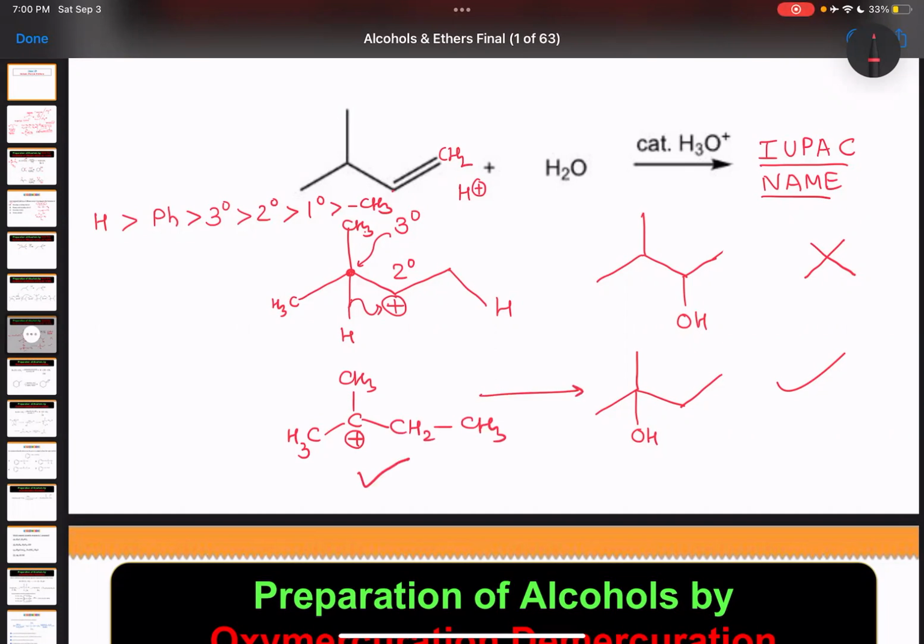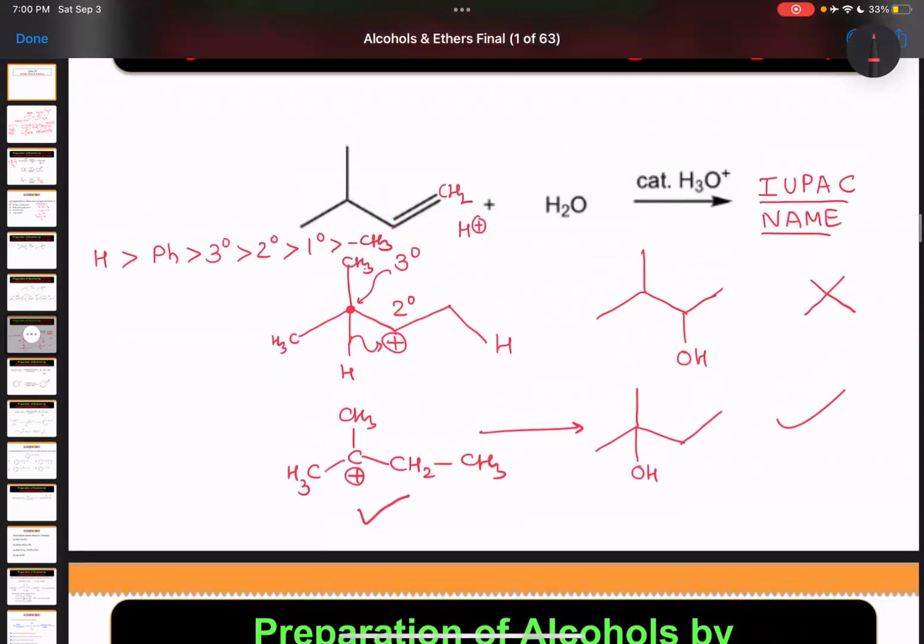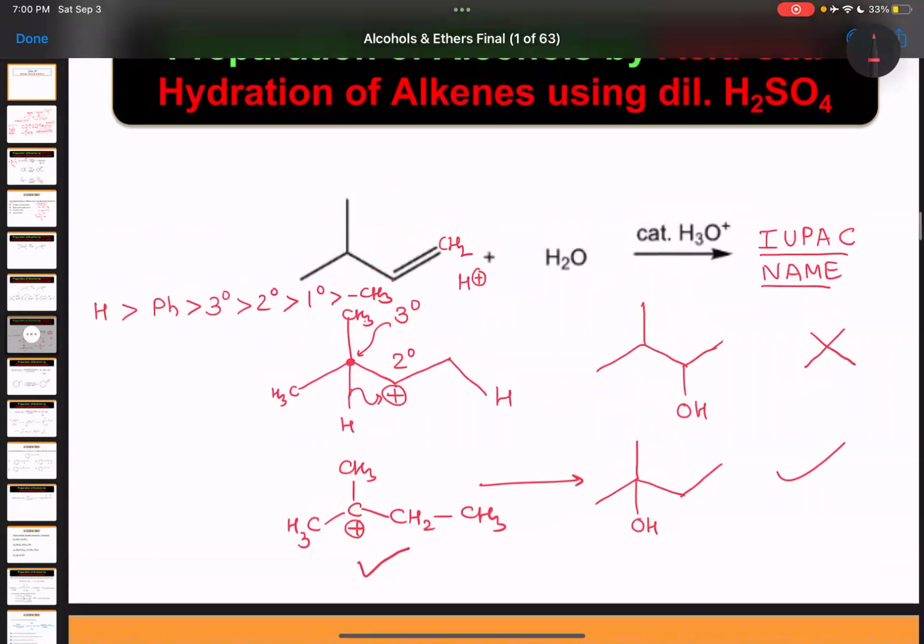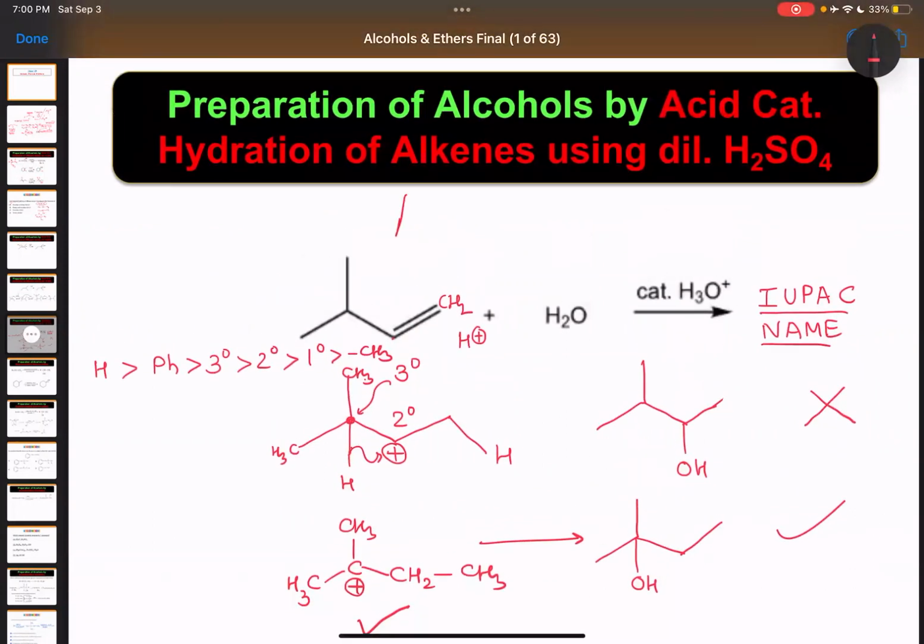So this acid catalyzed hydration of alkenes is Markovnikov addition. But always remember, Memuna and Vamsi, that it is with rearrangement, if it is possible.